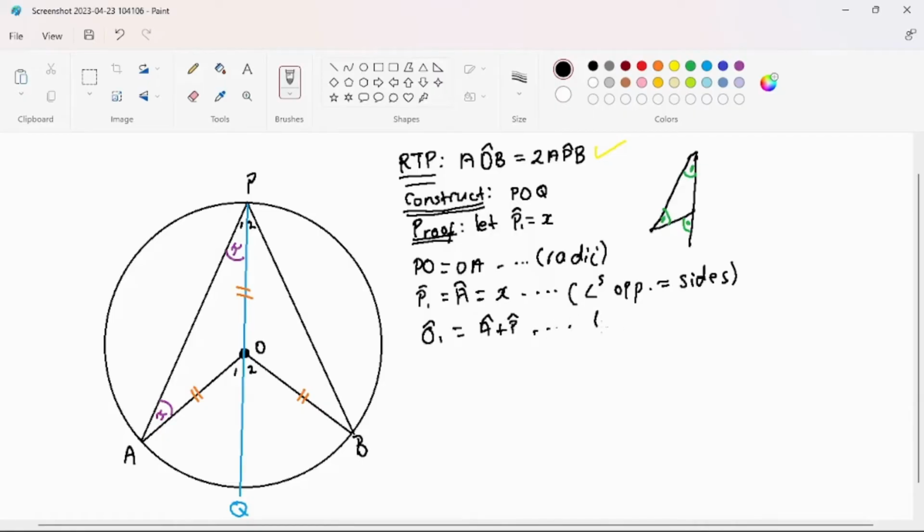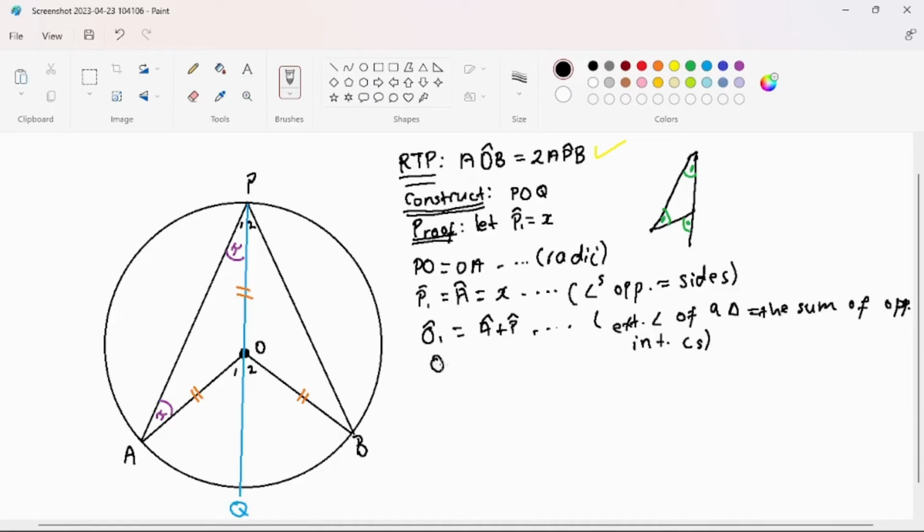For your reasoning, you are going to say exterior angle of a triangle is equal to the sum of opposite interior angles.